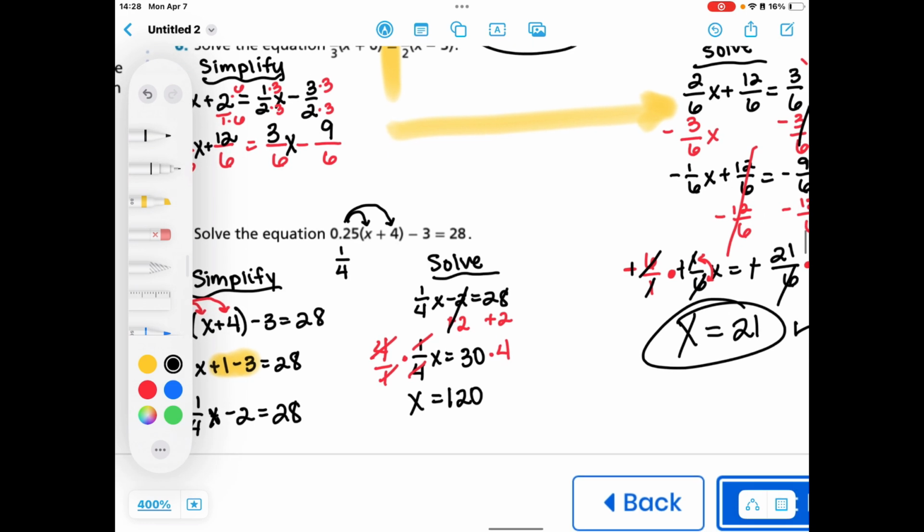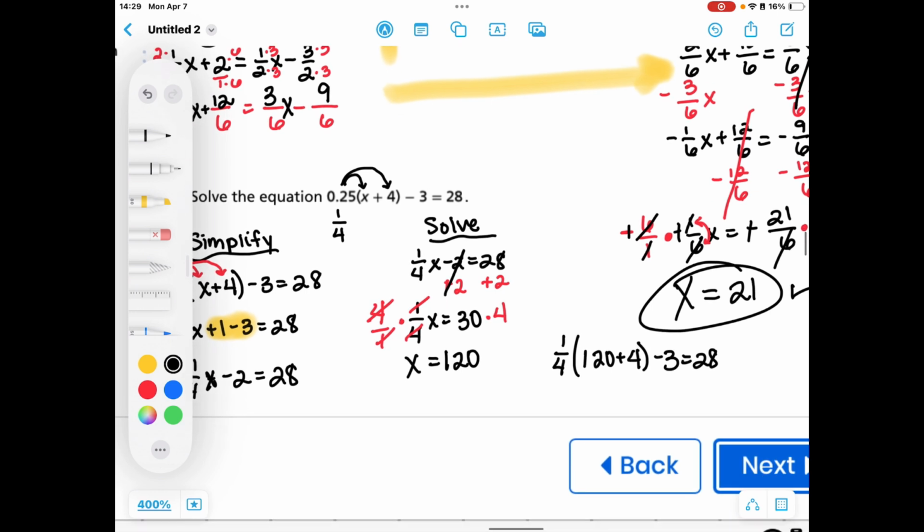Now this is kind of a big number, but if you think about it, 1/4 times 120 plus 4, and then from there we have that minus 3 equals 28. When we go to distribute, this will turn into a 30 plus 1 minus 3.